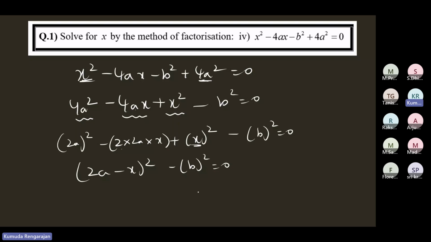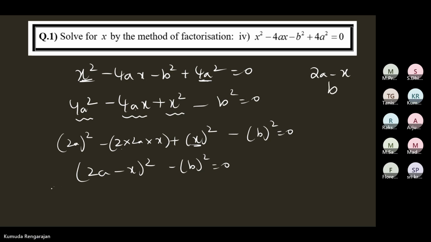Now this is like a difference of two squares. So a square minus b square is a plus b into a minus b, where your a is 2a minus x and your b is b.